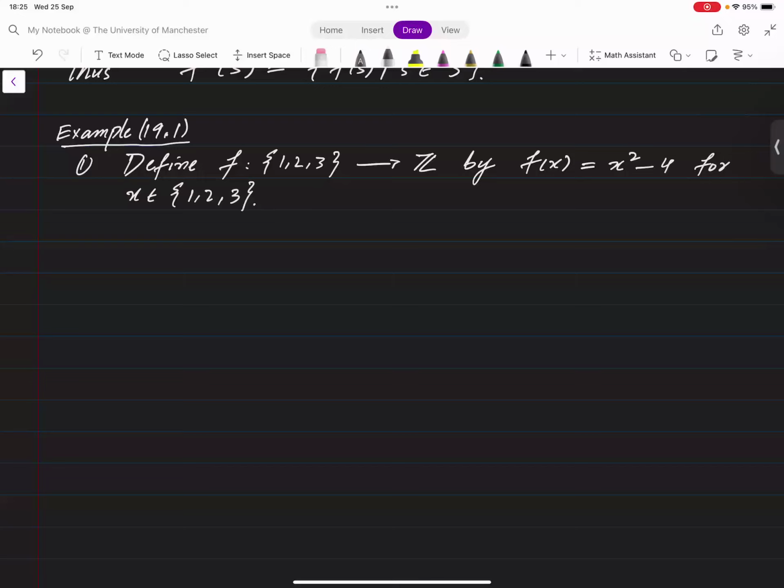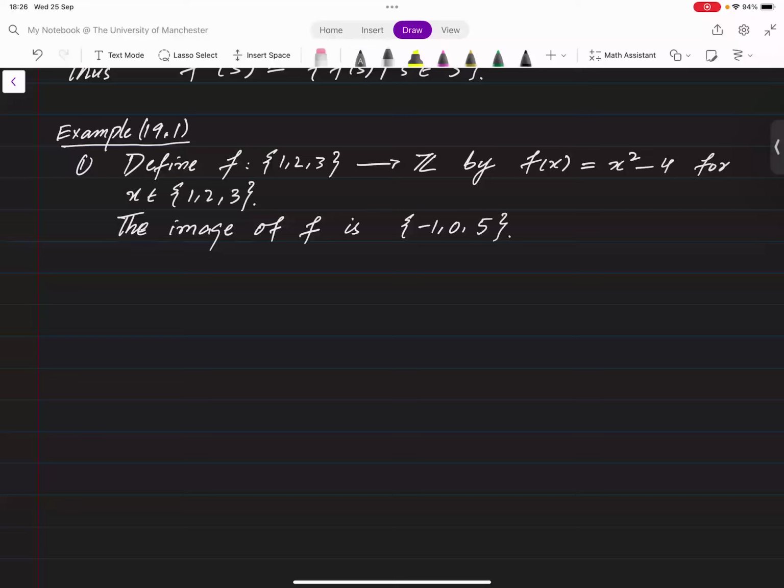Then the image of f is the set which is -3, 0, and 5.